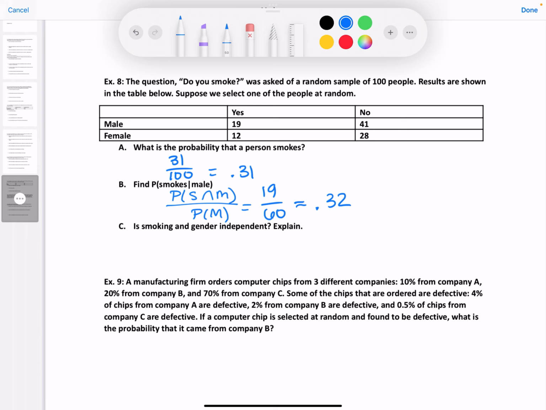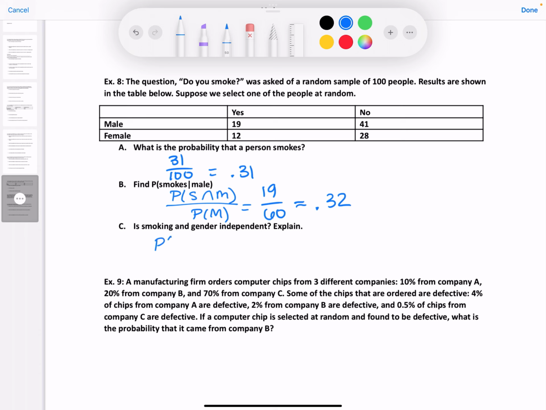So then, is smoking and gender independent? Well, so we have to show it. Since we used smoking and male here, and we know what this, the probability of smokes given that they're a male, came out to be 0.32, we're going to want to use that.